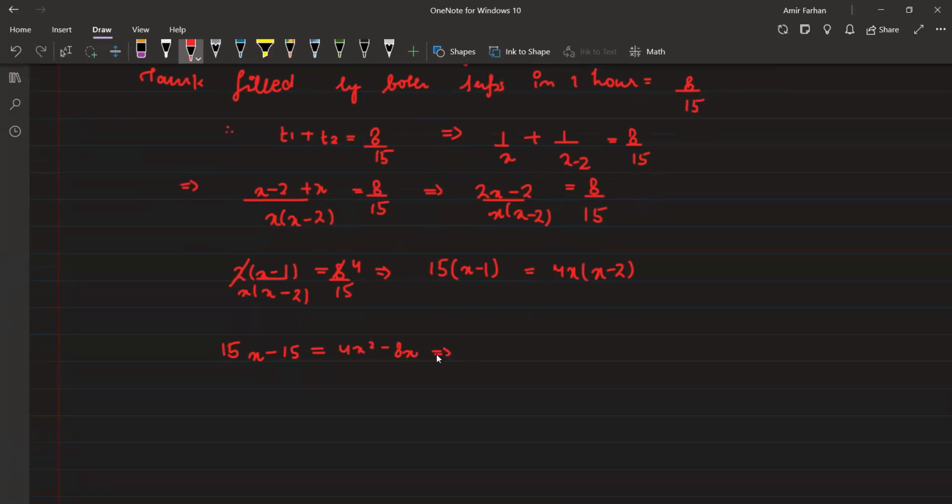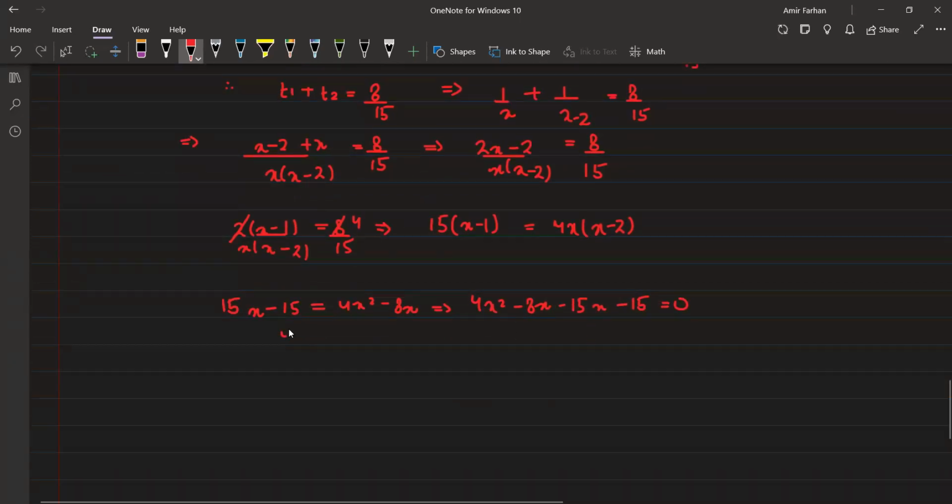Take all the terms on one side. 4x square minus 8x minus 15x plus 15 is equals to 0. So 4x square minus 23x plus 15 is equals to 0. Clear?